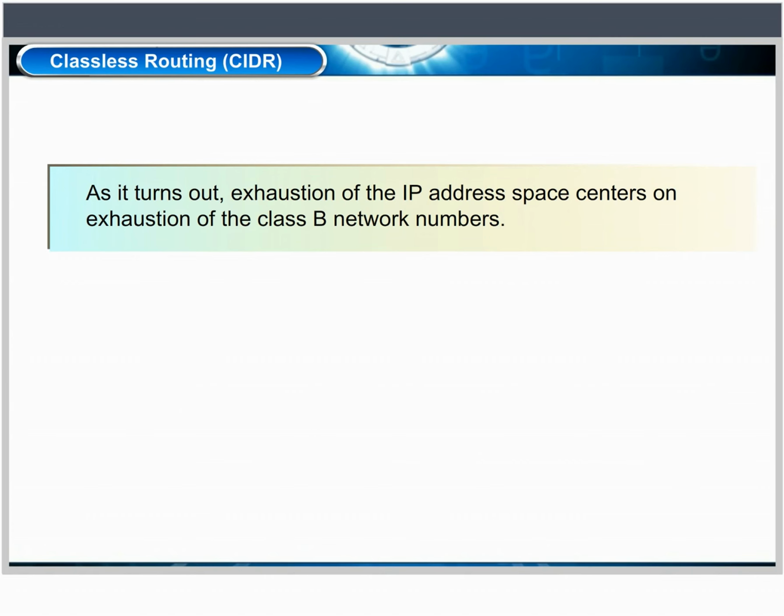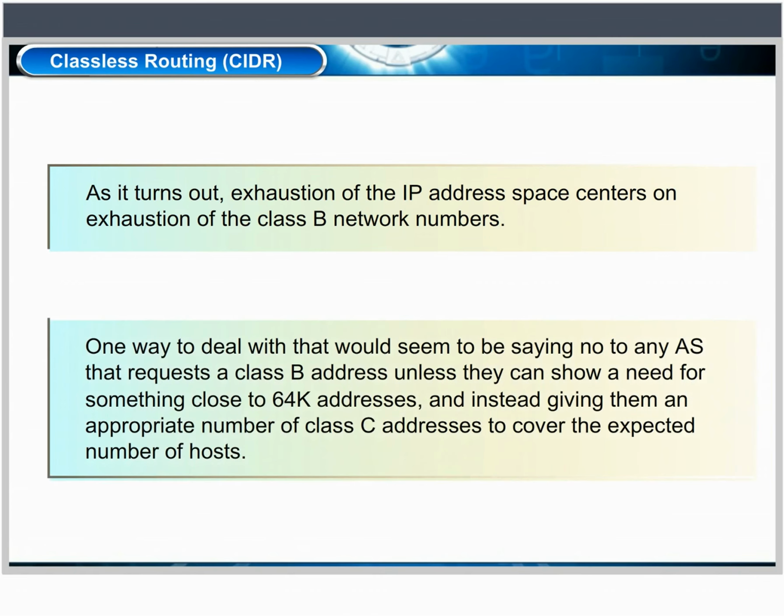One way to deal with that would seem to be saying no to any AS that requests a Class B address unless they can show a need for something close to 64K addresses, and instead giving them an appropriate number of Class C addresses to cover the expected number of hosts.